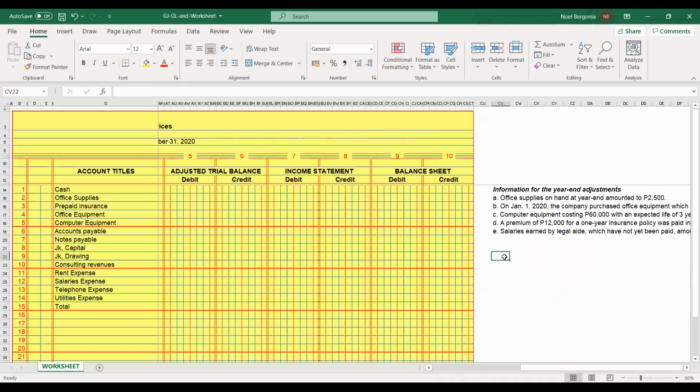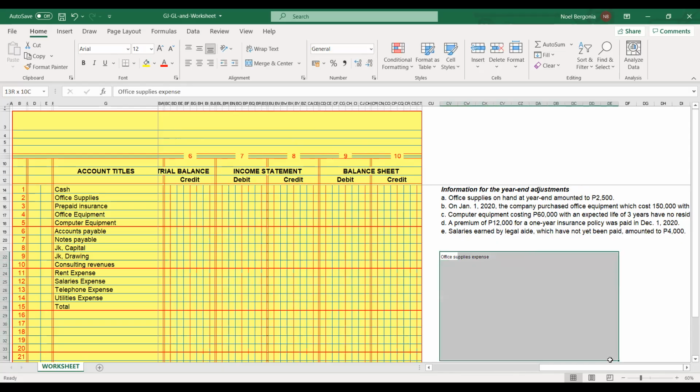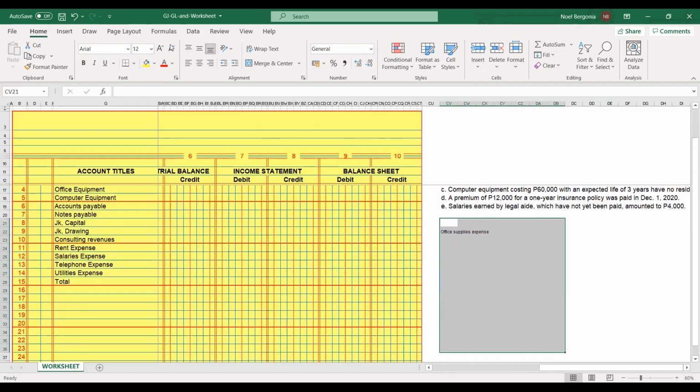So isipin ninyo muna yung journal entry. Ano ba yung journal entry niyan kung sakaling we have adjusted it in module number 4? That's actually debit, office supplies expense. Saglit lang, palakihan lang natin yung font. Office supplies expense.